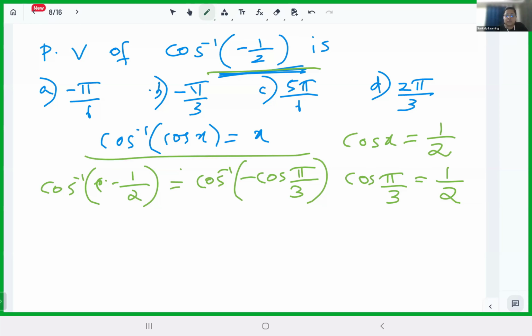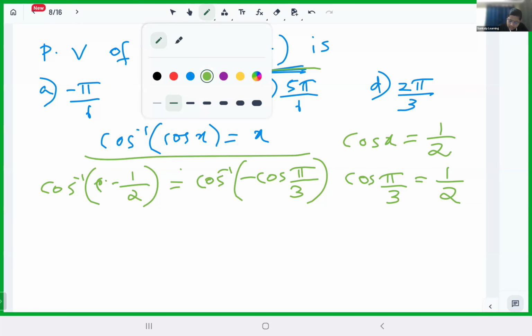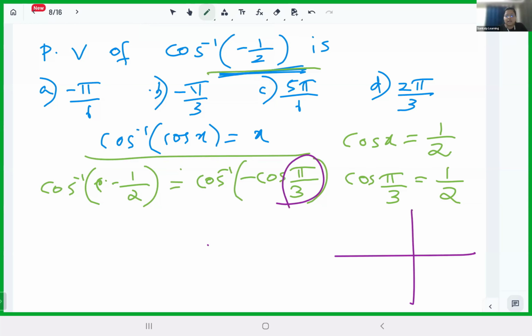So we should change this into positive. For that, you should again apply the reduction formula. You have to find out the equivalent angle in which the cos will become positive. So how will you find out? We can write this as pi minus pi by 3, isn't it?